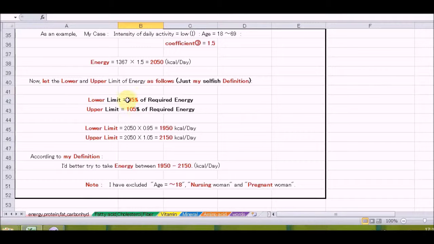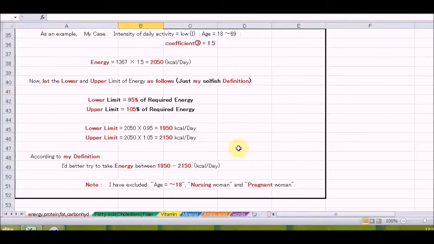Lower, 95% of required energy, upper 105%, and so lower limit is 1950. Upper limit is equal to 2150 kilocalorie per day.